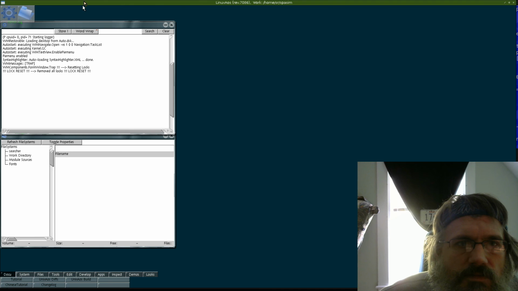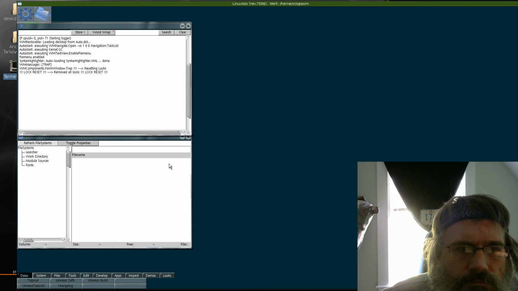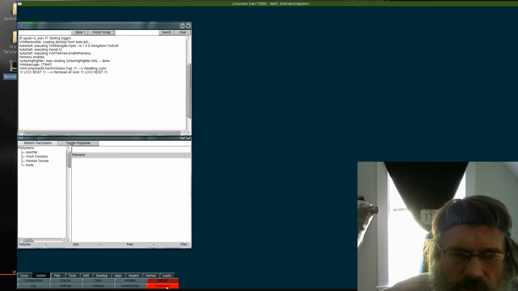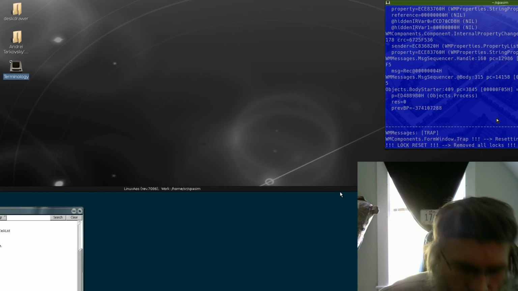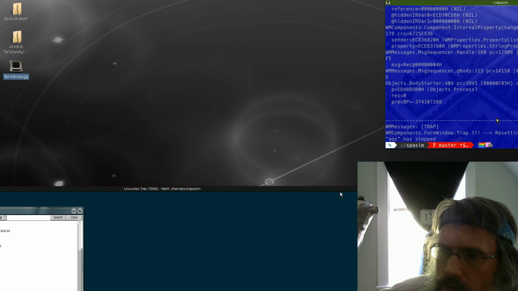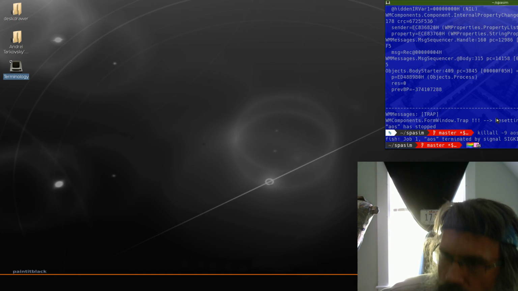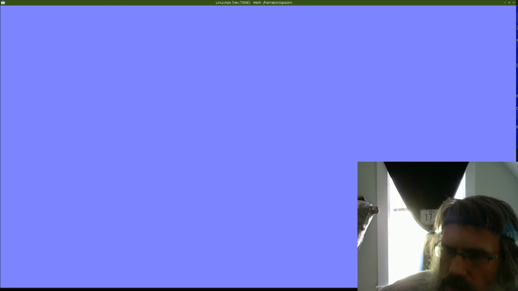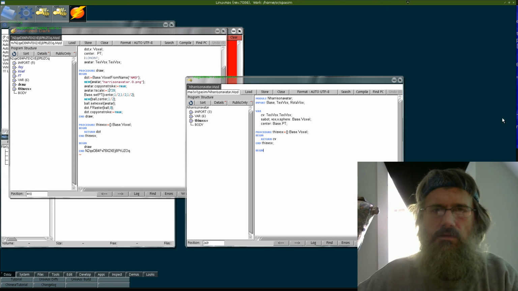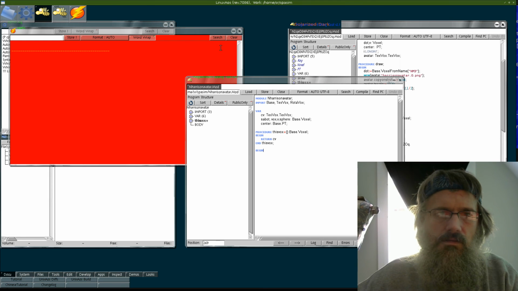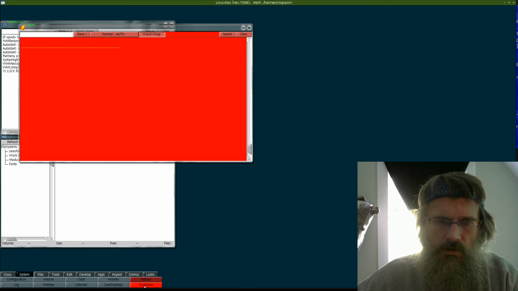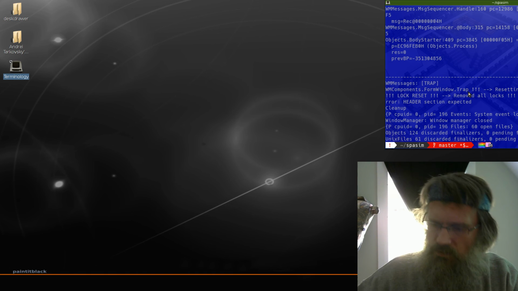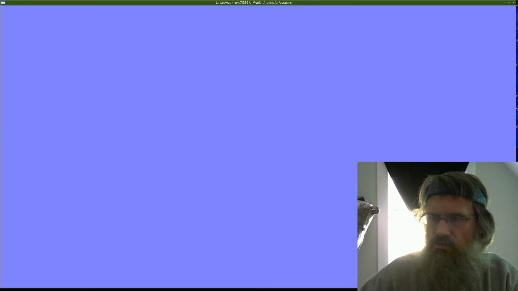Okay, so why is this not working correctly? Let's try it again and see if I can do it without the trap. That's the red window that comes up.